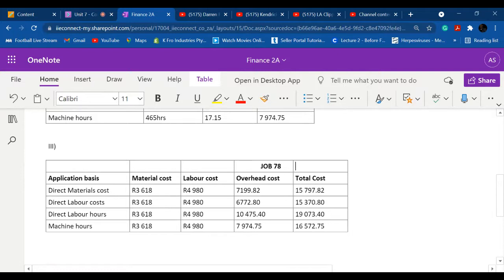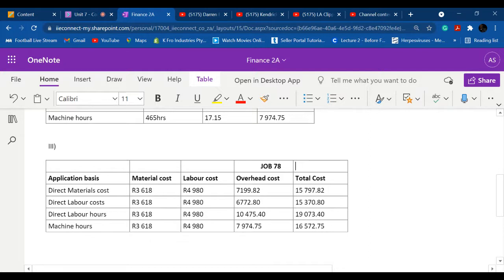Right. So again, you do this with a different basis, but I'm sure you now get the point that typically they will tell you in a question the base that you use, is direct materials, or even let's just say machine hours, or direct labor, because we used machine hours in the last question. But direct labor hours is your base. They'll tell you that in the question. They'll tell you what were the budgeted manufacturing overheads.